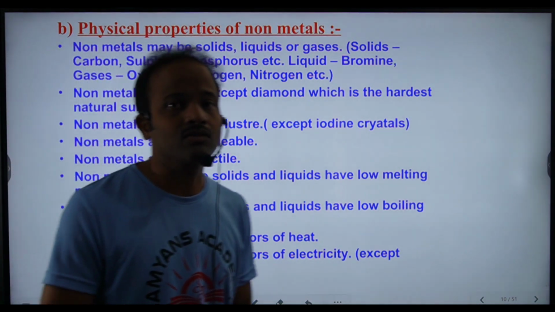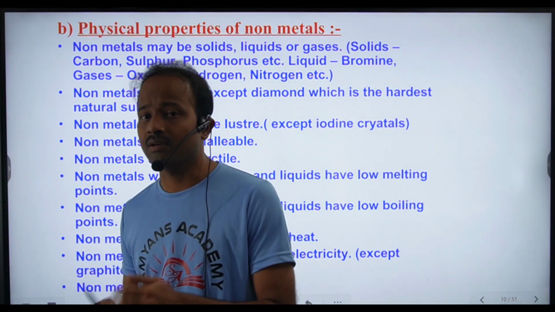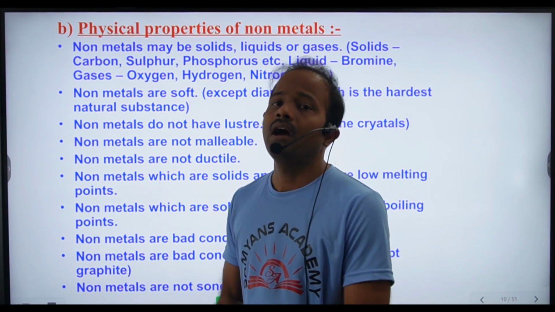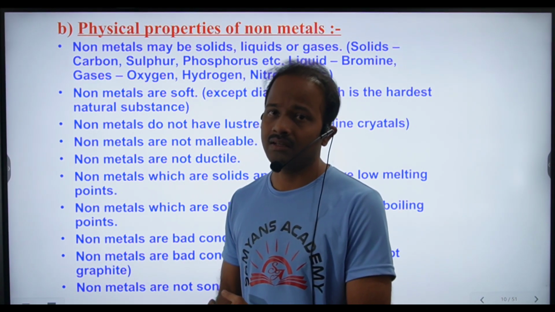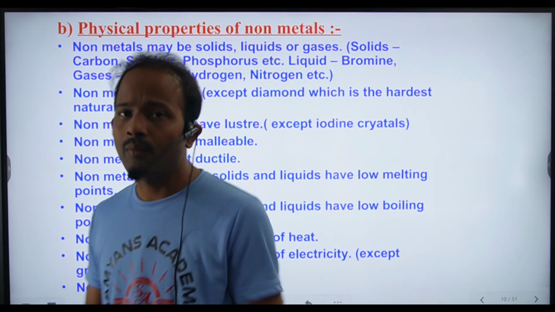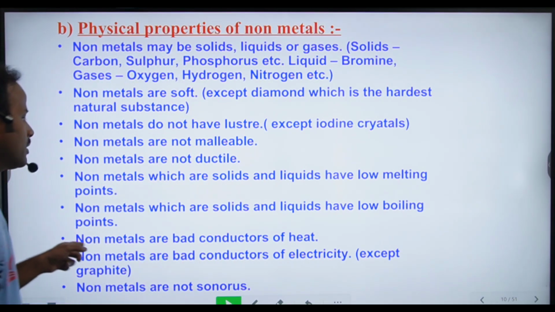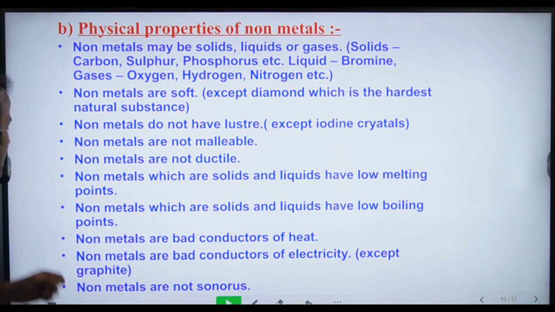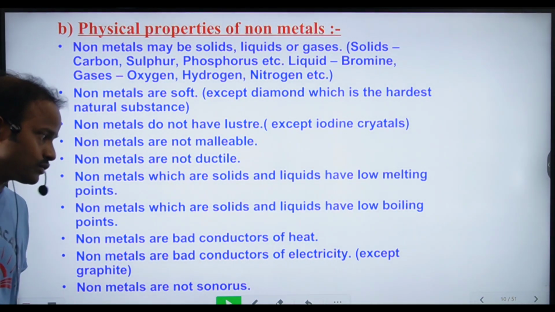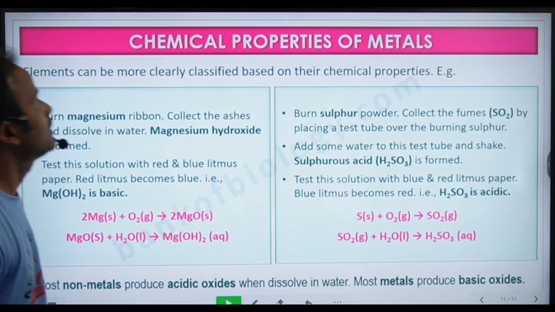Some non-metals exist in the solid state and some in the liquid or gaseous state, and all of them have low boiling and melting points. Non-metals are bad conductors of heat and electricity, and they are not sonorous. These are the properties of non-metals.